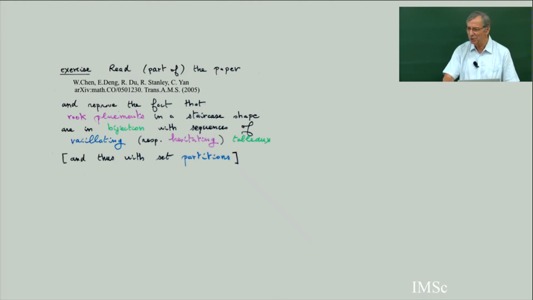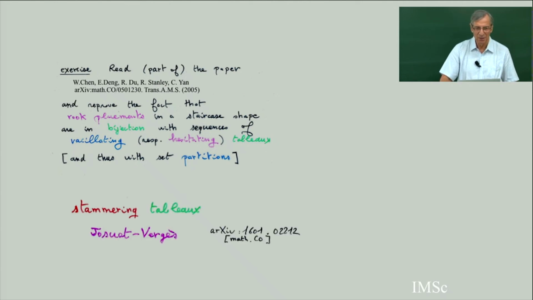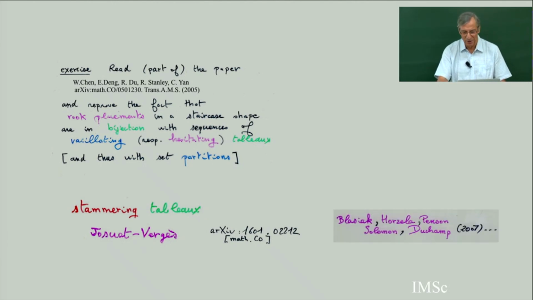It's not exactly the same tableau because when you rest, there is no choice, and because of the staircase, sometimes you are going to have a construction adding or deleting only on even or odd positions. So the exercise is to read that part of the paper and reprove it using the RS construction with shadow lines and everything. Also read this paper of Joshua Vergès. All this is related.